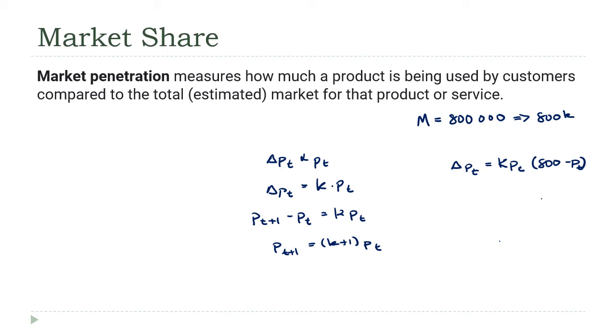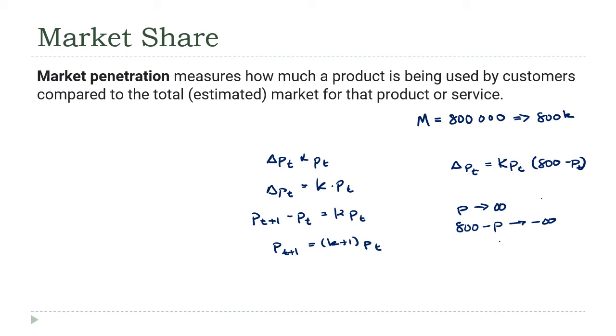Well, as P increases, 800 minus P decreases, right? As P goes to infinity, 800 minus P technically goes to negative infinity, which is just to say it's decreasing.